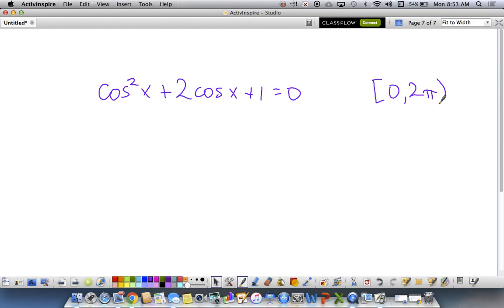Solve each equation for exact solutions over the interval from 0 to 2 pi. Are you thinking, can I factor this? If that's not your first thought, we need to refresh greatly on quadratics.